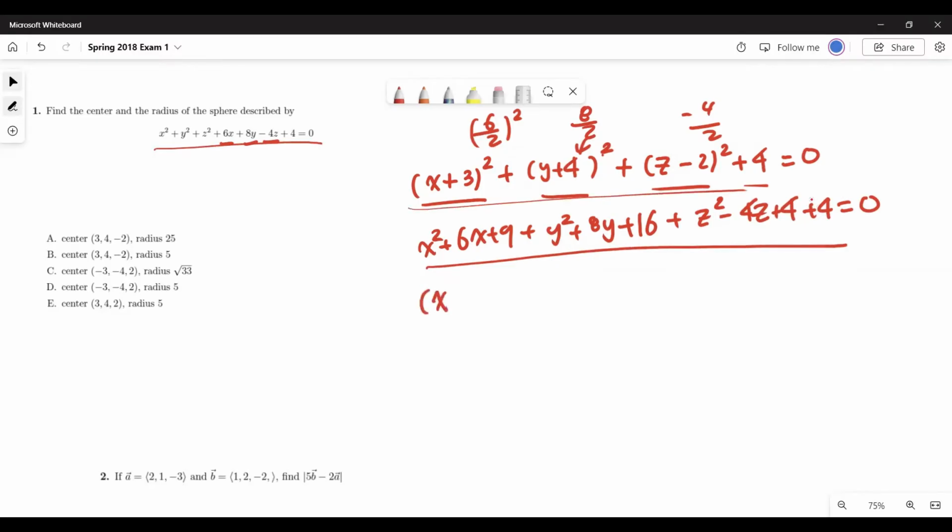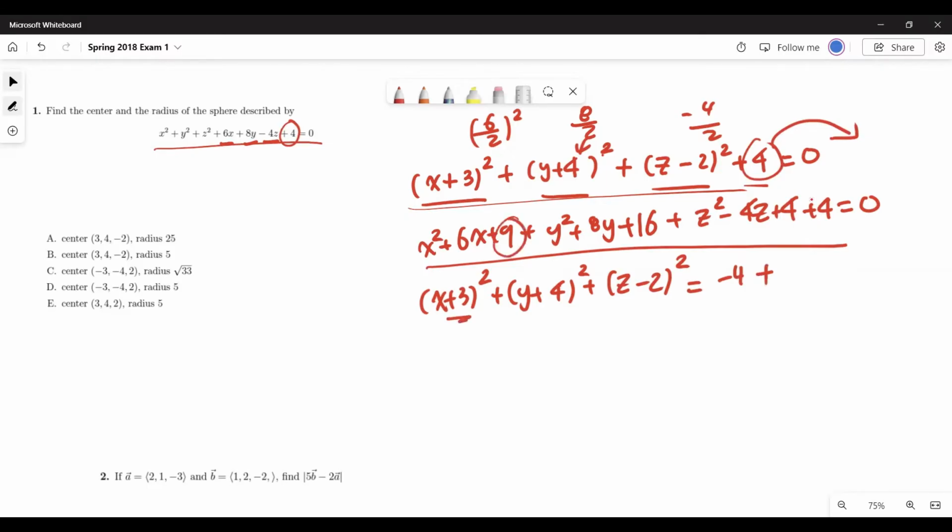So x plus 3 squared plus y plus 4 squared plus z minus 2 squared is equal to, we have the plus 4 and you just move that to the other side, negative 4, plus this plus 9 and plus 16 from the above equation, and then plus 4 from the above equation. The negative 4 and 4 cancel out, and this becomes 25.